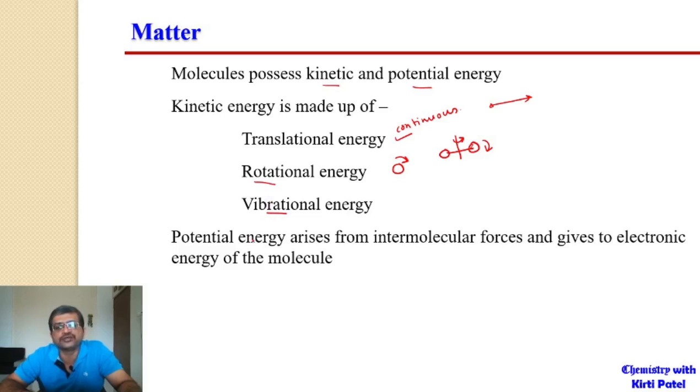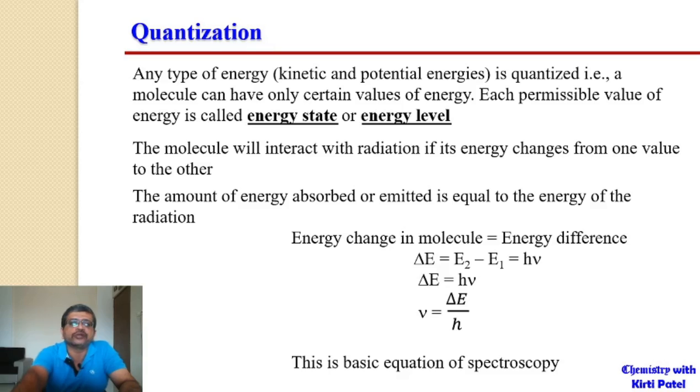Similarly, kinetic energy is used for vibrational energies also, that is bringing out the vibrational motions in the molecule. Potential energy arises from intermolecular forces of attraction, so it gives rise to electronic energy of the molecules, that is from one electronic energy level to another electronic energy level in the molecule.